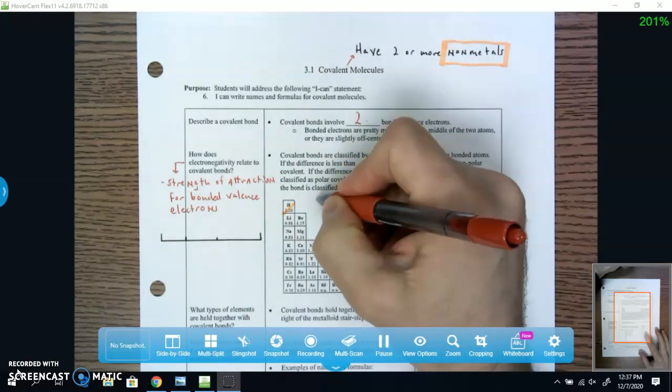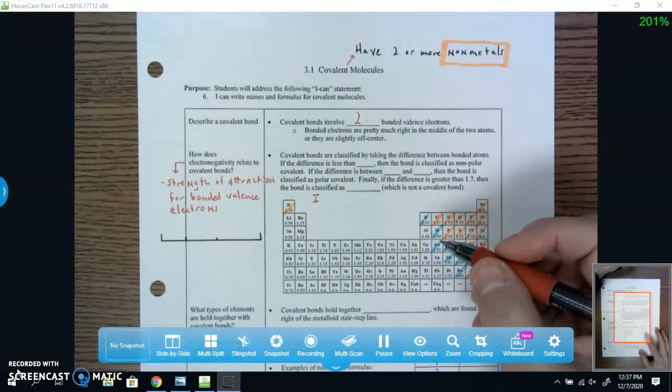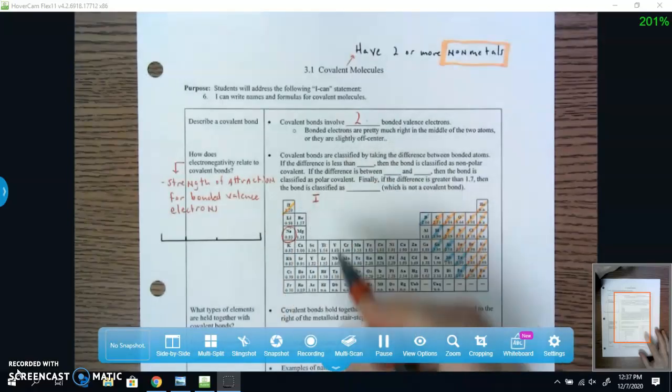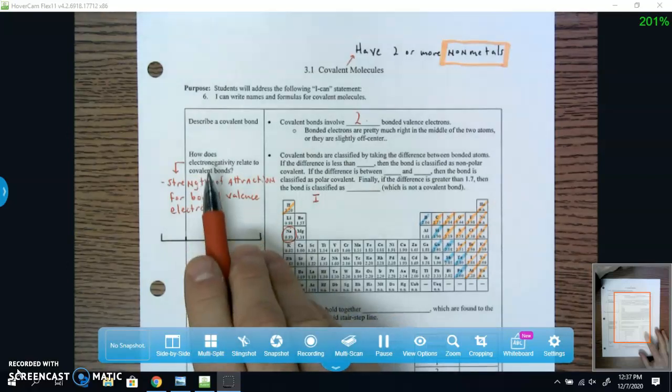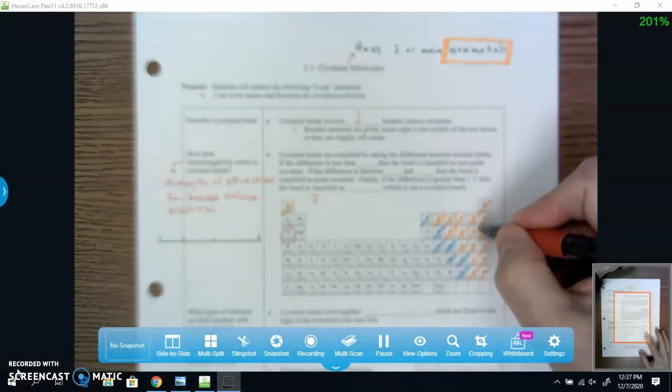Now, if we have an ionic bond, which includes a metal and a nonmetal, what we can do is we can use this unique periodic table, and we take this number right here, 0.93, which is the electronegativity, the measure of strength of attraction for bonded valence electrons, and we look at what it's bonded to.